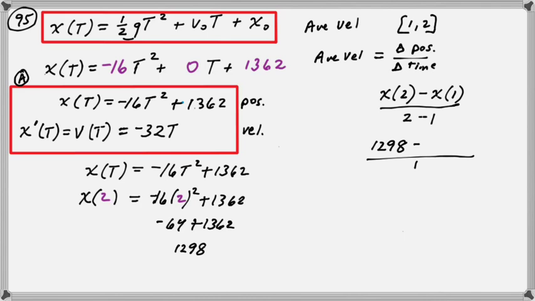Now, how do I find position at time 1? Well, I do the same thing, but instead of putting in a 2 for time, now I'm going to put in a 1. So I get negative 16 plus 1362, which is what?